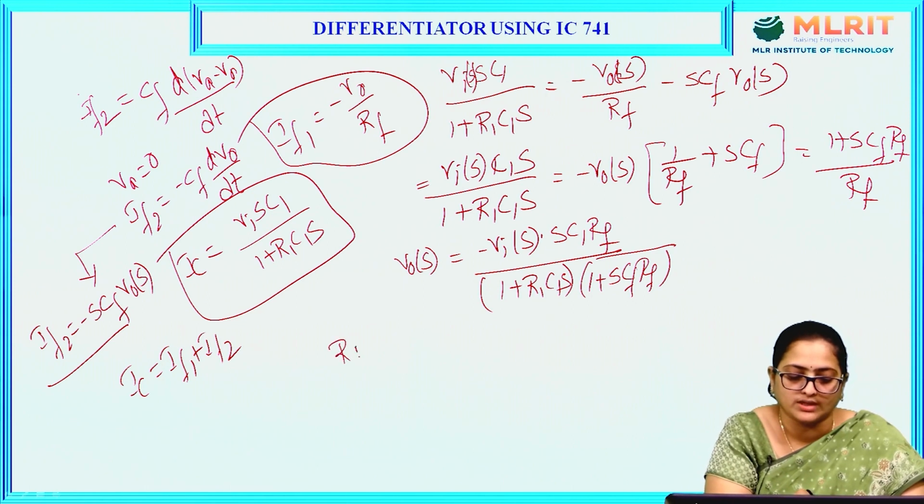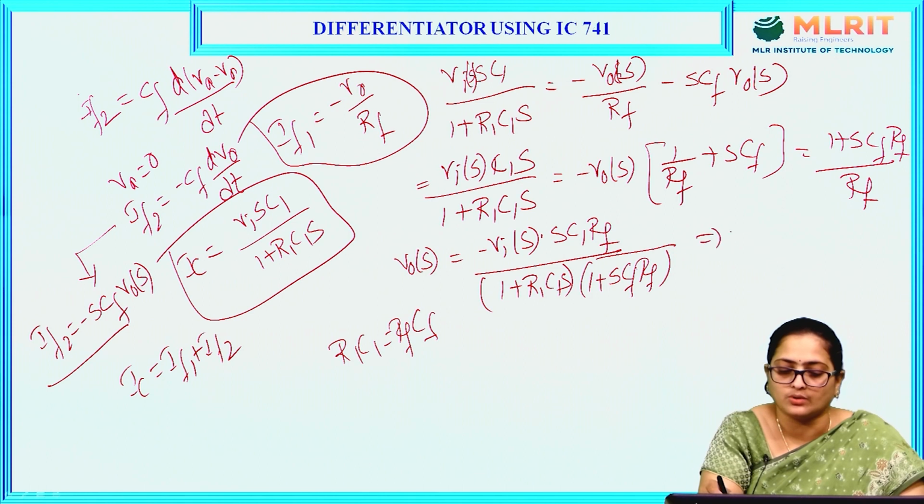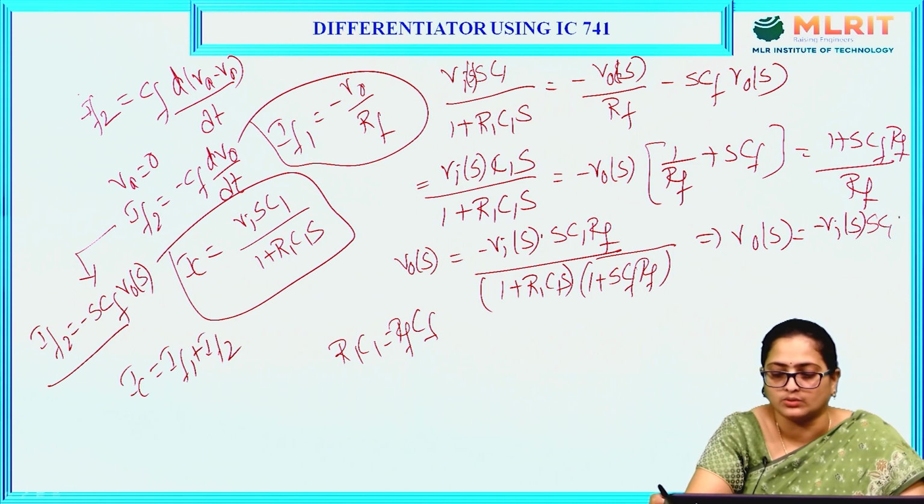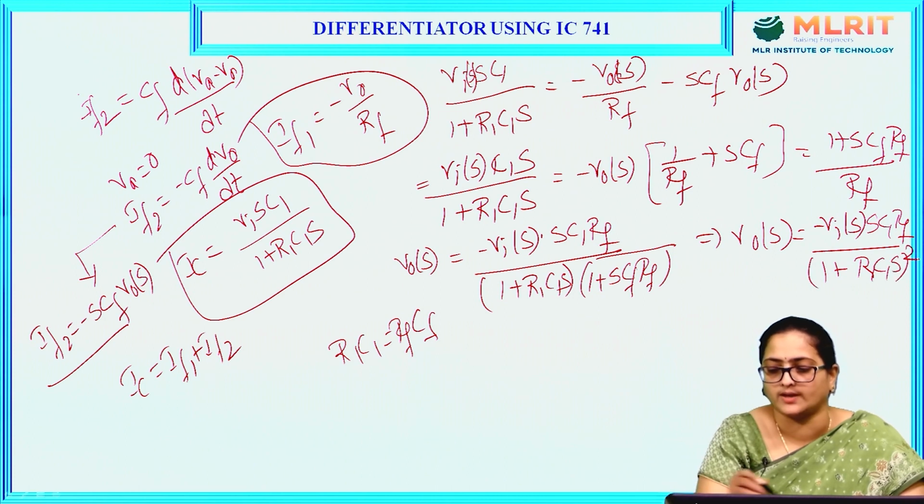Let us assume that R1 C1 equals RF CF. Then this equation can be given as V0 of S equals minus Vi of S into S C1 RF divided by (1 plus R1 C1 S) whole square.